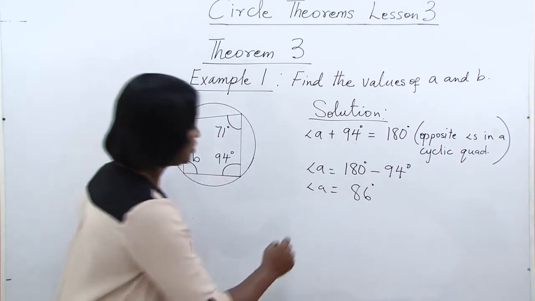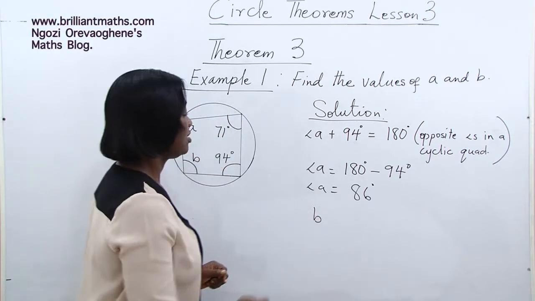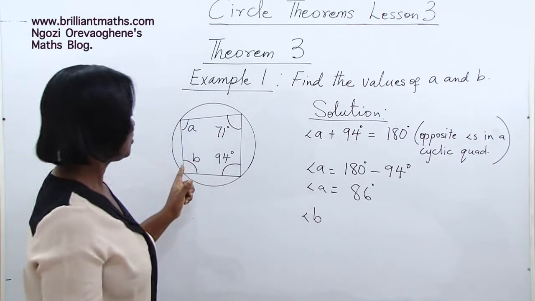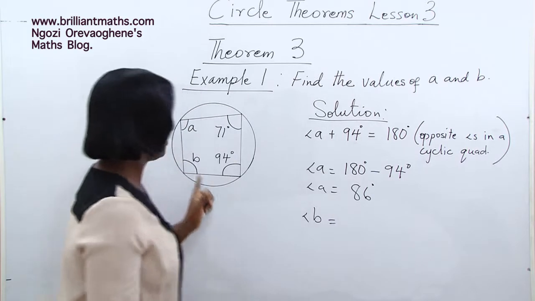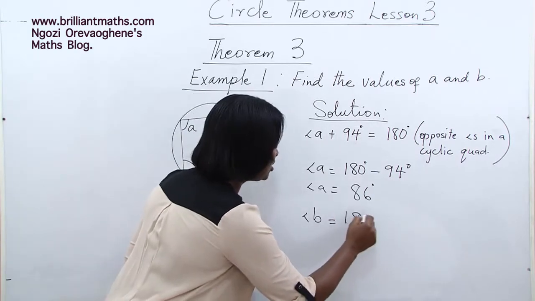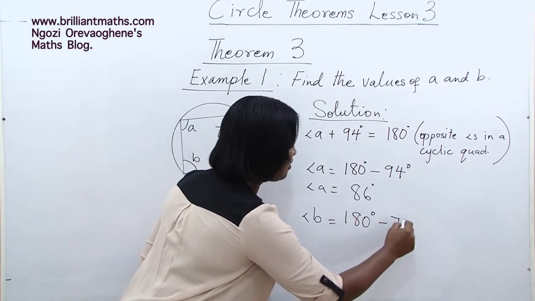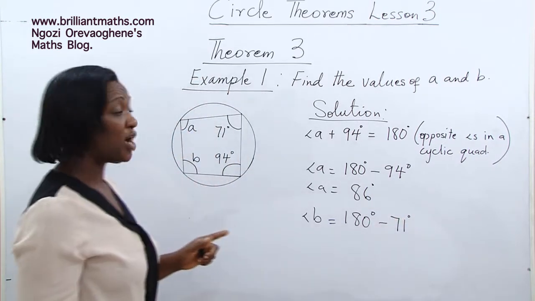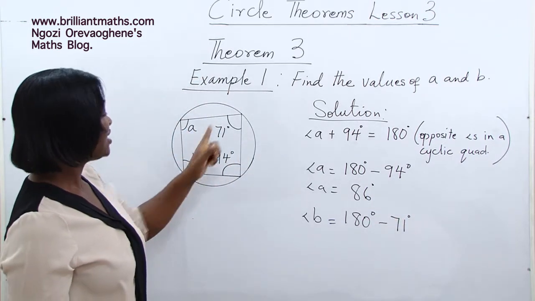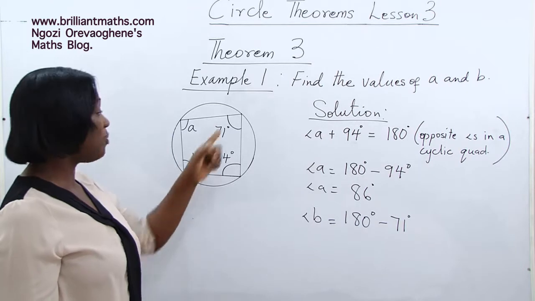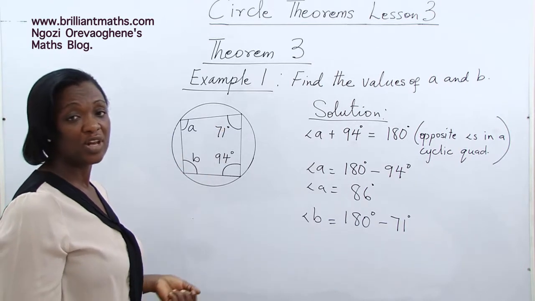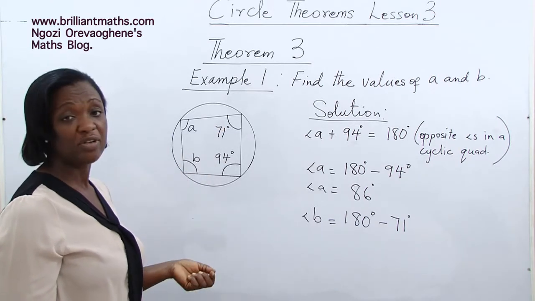For B, it follows the same method. Angle B is equal to 180 degrees minus 71 degrees, because B and 71 degrees are opposite angles of a cyclic quadrilateral, so they should add up to 180 degrees.